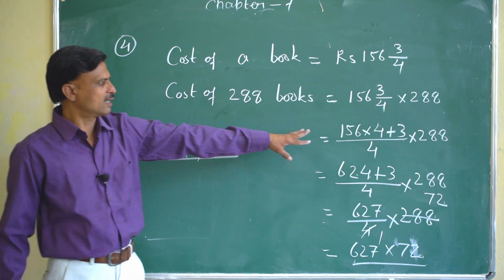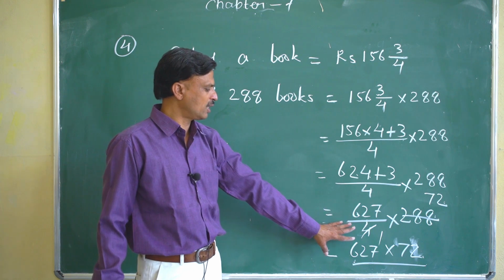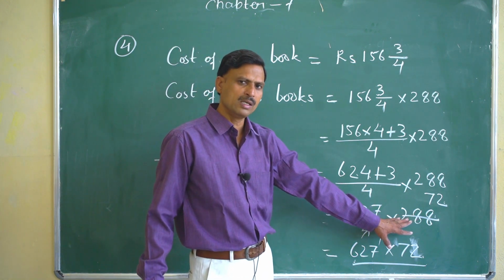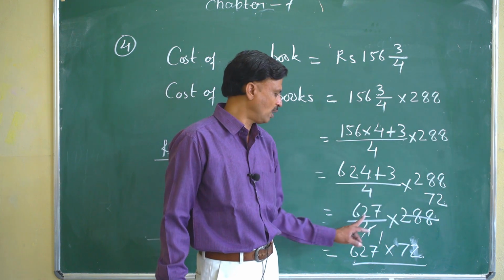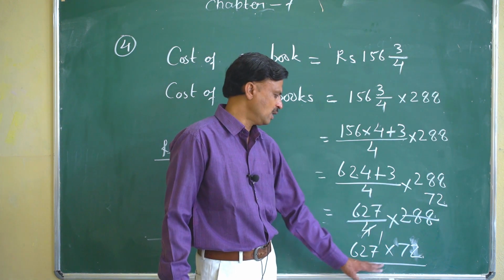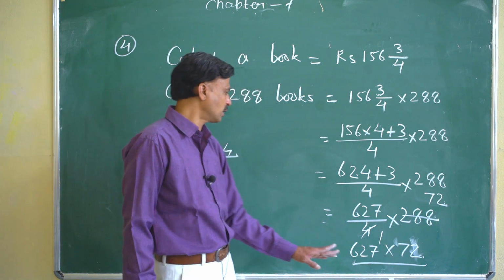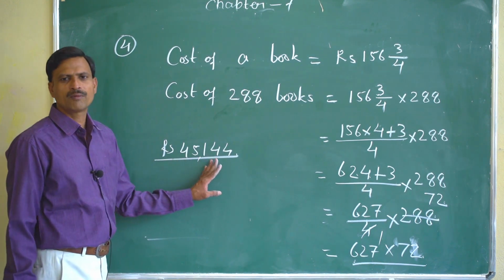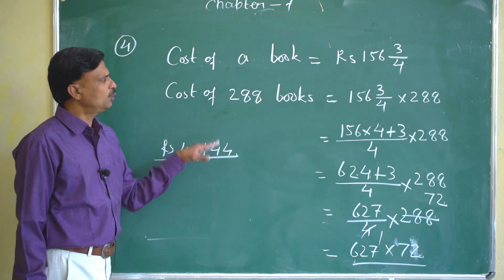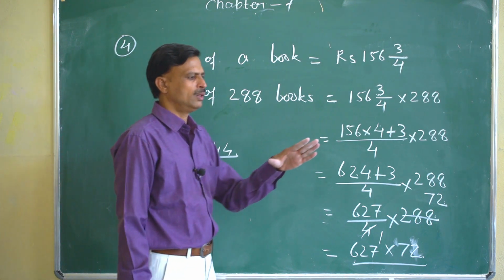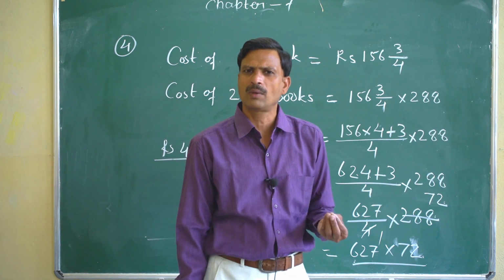We have seen that it is coming 627 by 4 multiplied by 288. So this 288 cancels by 4, 72 times. So when we multiply 72 by 627, you can multiply it, you know it. So you'll get 45,144. Understood?